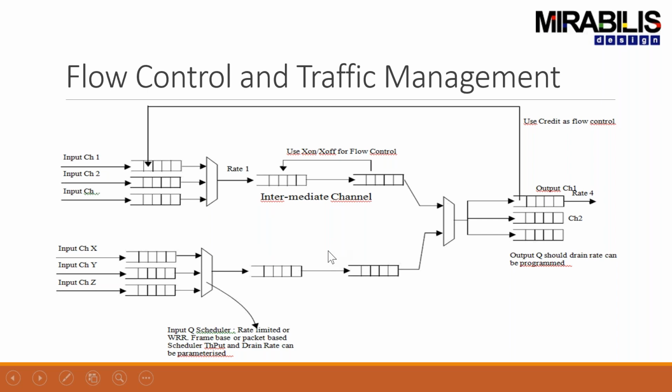What should be the rate at which I should be testing these intermediate flow controls such that it doesn't become a bottleneck and I still get my performance? What should be the maximum credit that can be allocated to each of these flows such that you still have 100% usage of the buffers here, but at the same time you don't start freezing them or locking some of the queues out? So a lot of dependent constraints start building up.